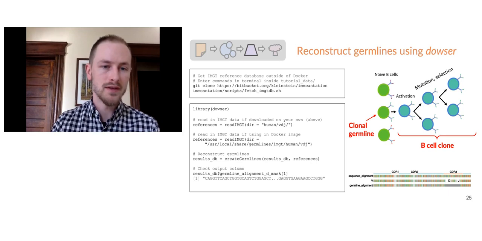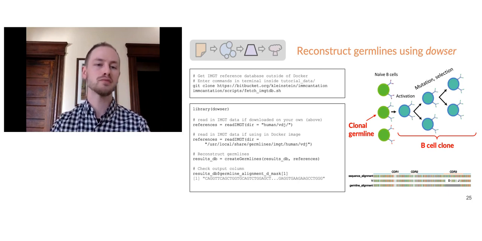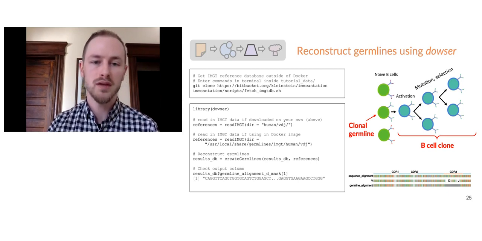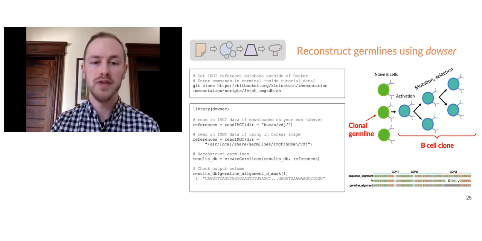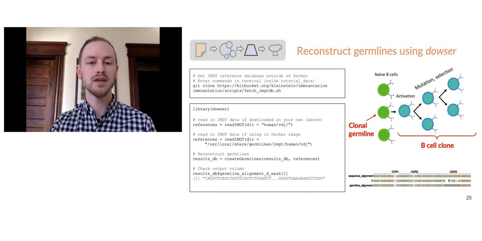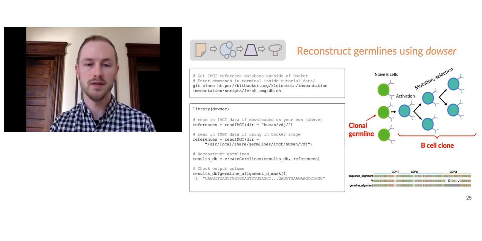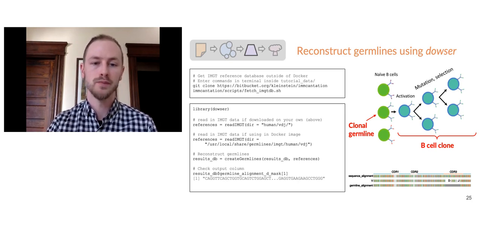I should say these commands up here in this top left box should not be entered into an R session, but into a command prompt. If you run this command, it will download the Immcantation repository, which has a set of scripts, one of which will download the IMGT gene DB reference database and format it in a way that's easy for Immcantation to use. So that's what these commands up here will do.